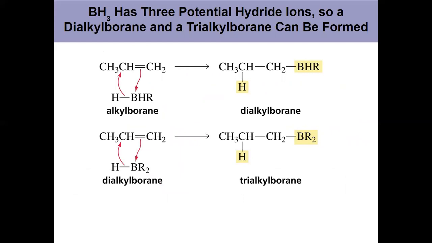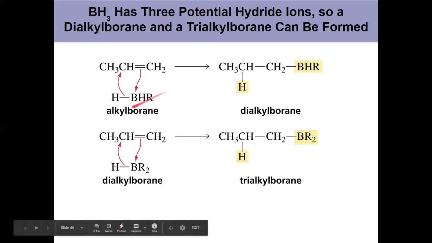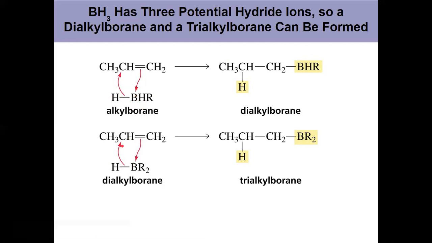If you have a difference in concentrations, BH3 has 3 hydrogens. So in theory, you can form what's called a dialkyl borane and a trialkyl borane. You just continue after it reacted once, picked up an alkyl group, and then you can do it with one hydrogen or another hydrogen.